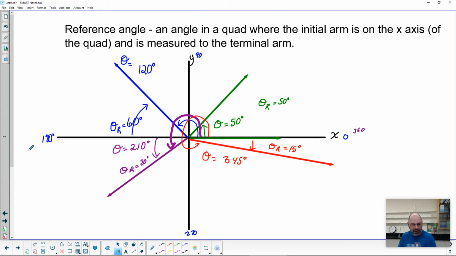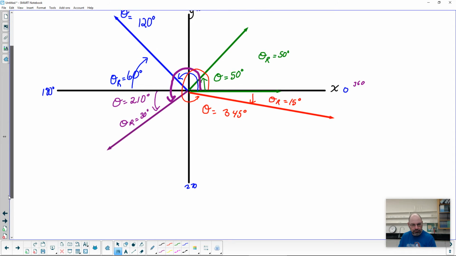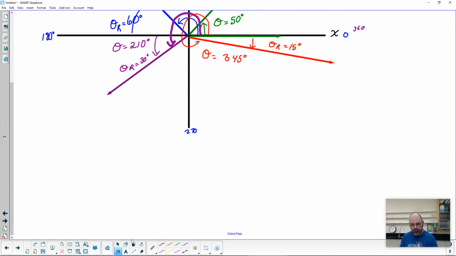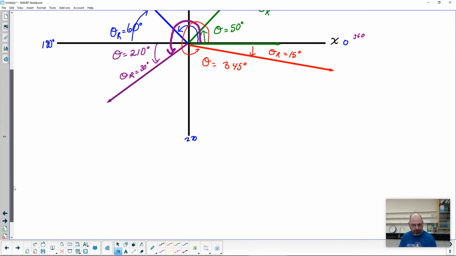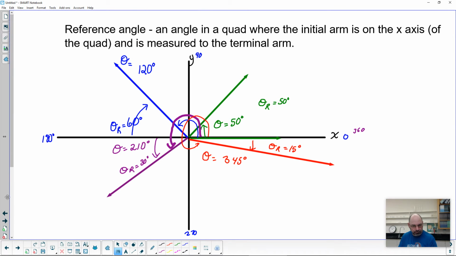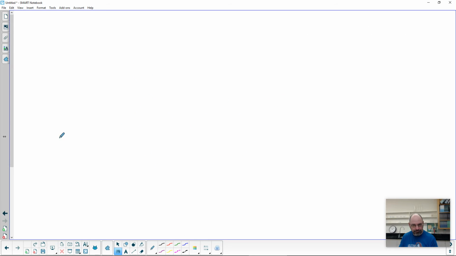Okay, so let's go ahead, and we'll do this on the next page, I think. Why not? We got lots of space here.